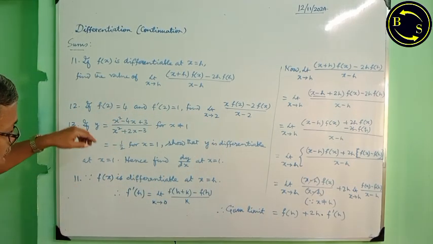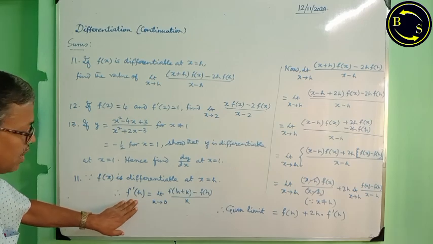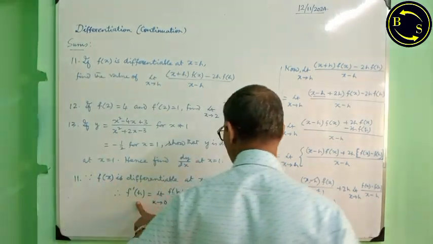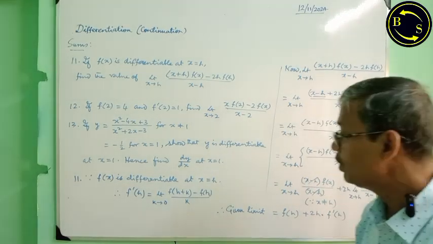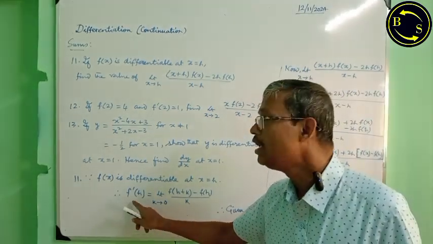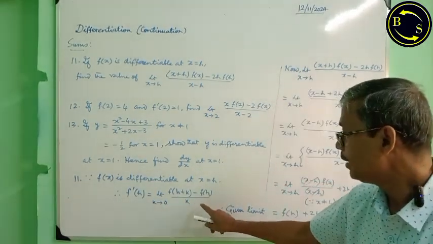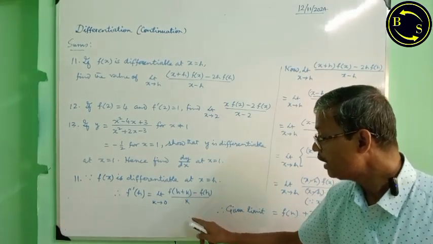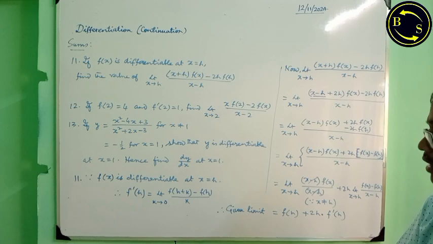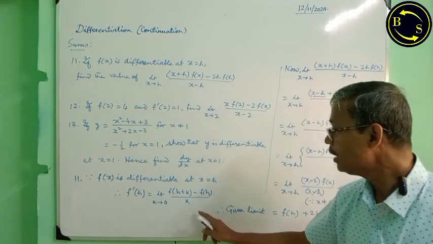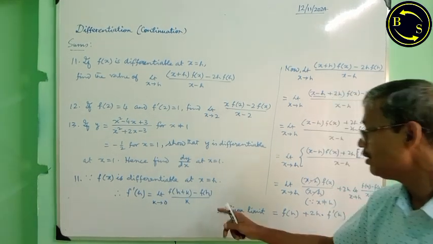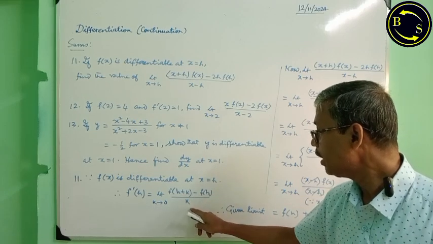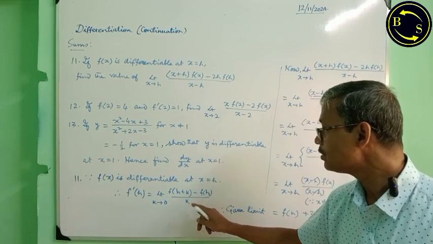We follow as per definition of the derivative of a function at a certain point, x equal to h, this will be f dash h, and this one. Now if we put h plus k, that is equal to say x, then we get this one f(x) minus f(h) by k means x minus h.